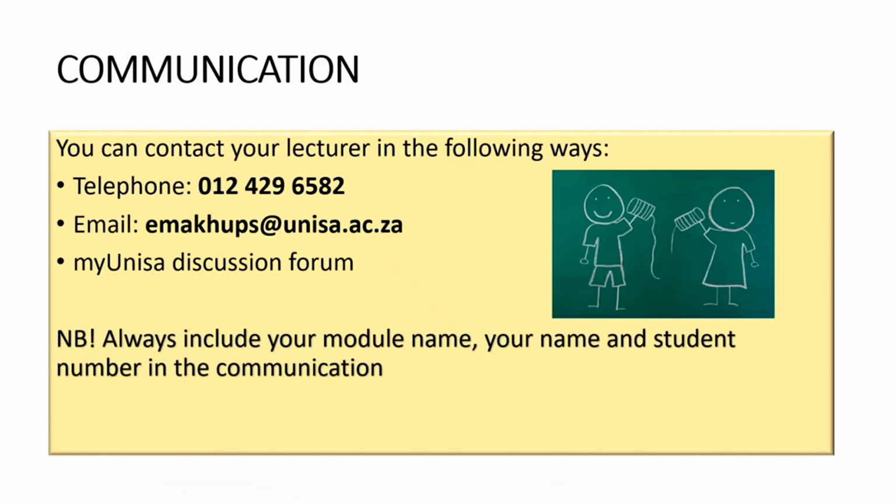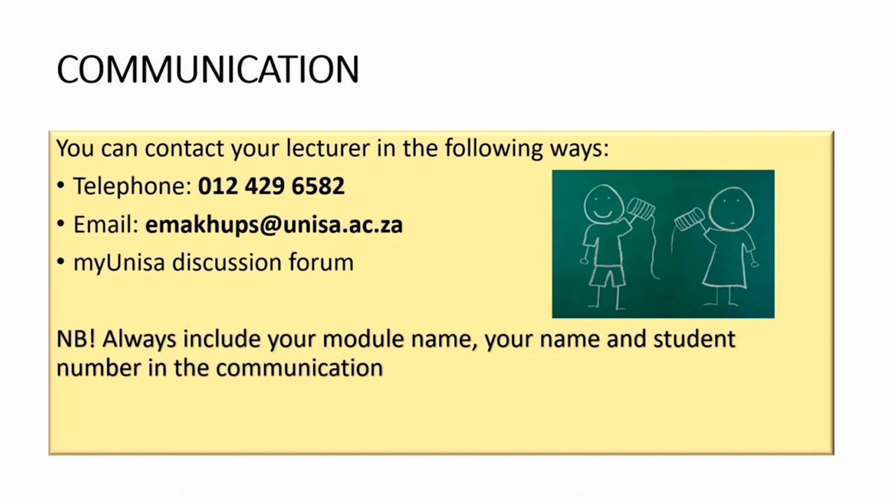With regards to communication, you are only allowed to contact your lecturer in the following ways. That's myself, using my telephone, which is 012-429-6582, my email address, emakhoops@unisa.ac.za, or join all my UNISA discussion forums that I'm setting up.